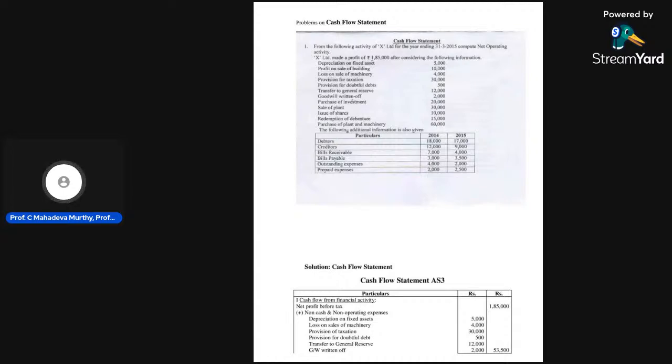This is the standard we are using; presently, companies practice Accounting Standard 3 for the cash flow statement. And the first one is cash flow from operating activity.